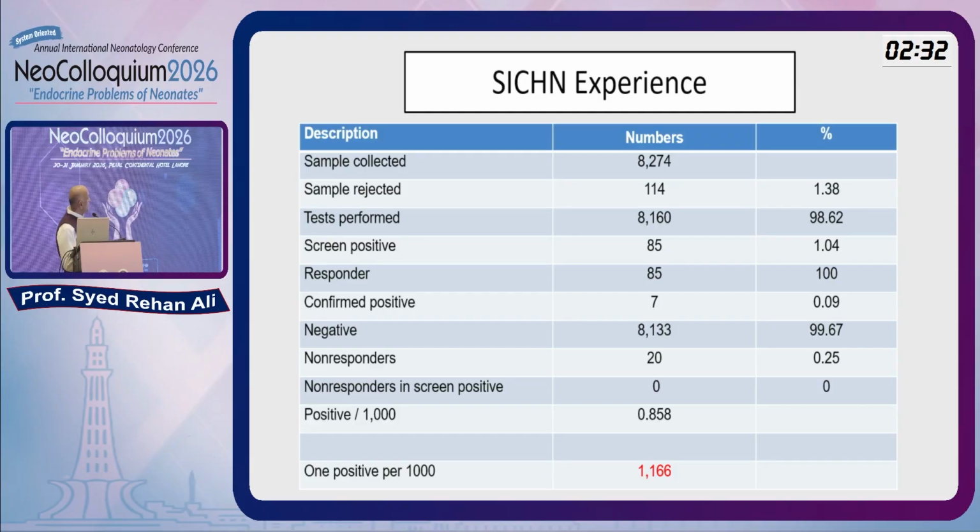Screen positive were 85, and these 85 were all responders. Confirmed positive was 7. The non-responders were not in screen positive, probably because whenever a screen positive result comes, we do everything to try and contact these parents. But there are 20 non-responders. So our incidence came out to be around 1 in 1,166.